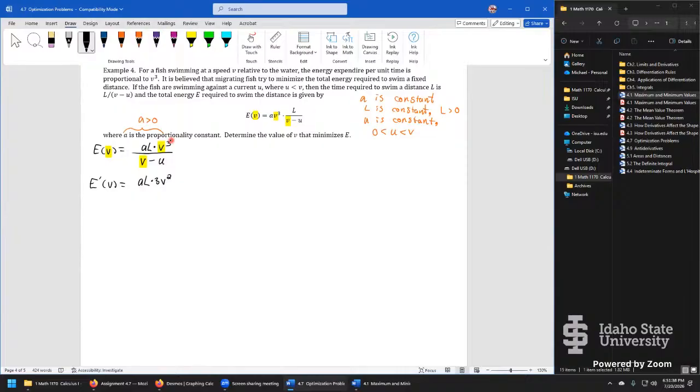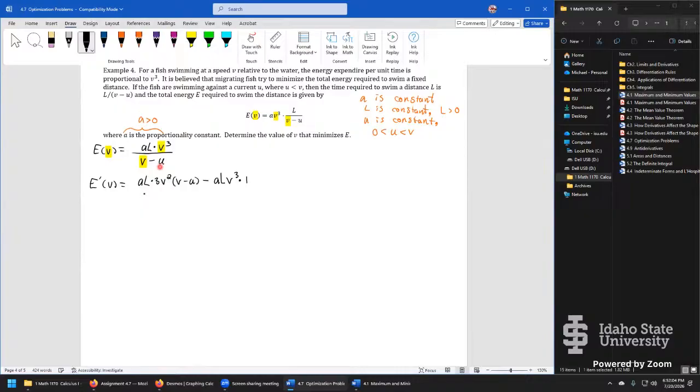First step was to differentiate the numerator, then multiply by the denominator, V minus U. Then go minus, copy the numerator, A L V cubed, multiply it by the derivative of the denominator. Well, the derivative of V is 1, and that's a constant that's being subtracted off, so its derivative goes to 0.